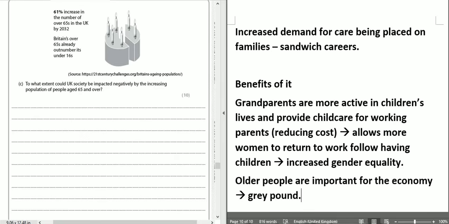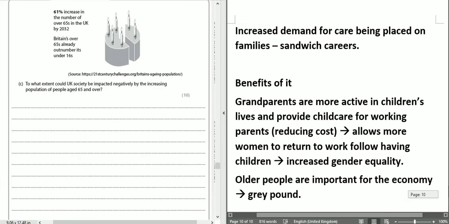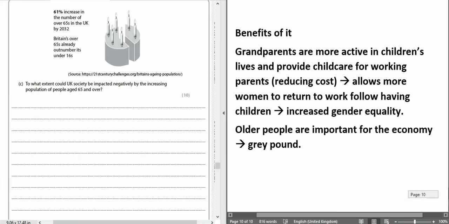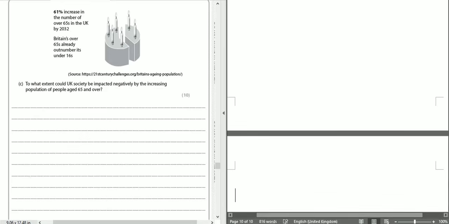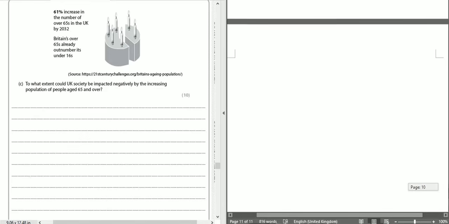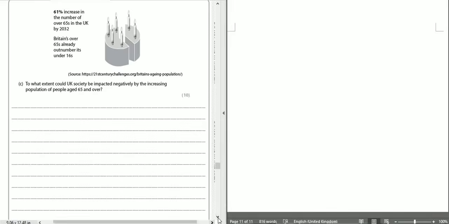So there is a whole section of the economy centered around older people spending, and obviously contributing back into the economy. So there are some benefits that come from an aging population. As I say, quite a tricky question because this isn't specifically health and social care. My answers for this came from teaching sociology.